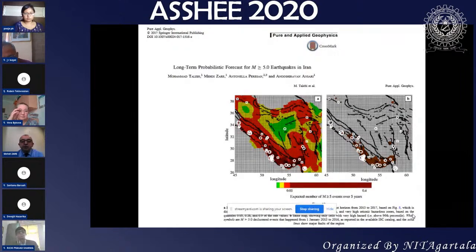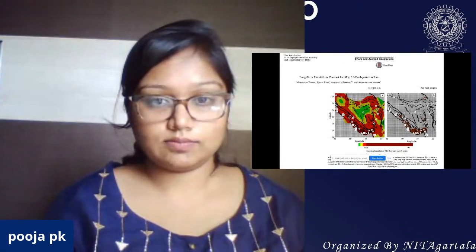The results that we obtain might be different, in some cases very different, from the classical assessment of seismic hazard for return periods of, for instance, 475 years. And this is a major challenge today and in the future, in order to make more realistic seismic hazard analysis.